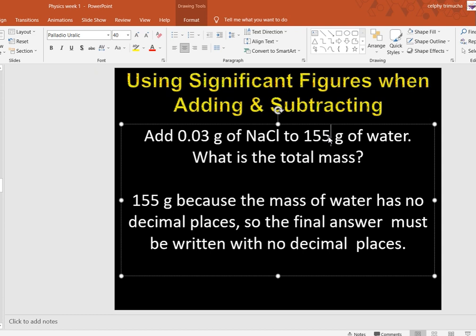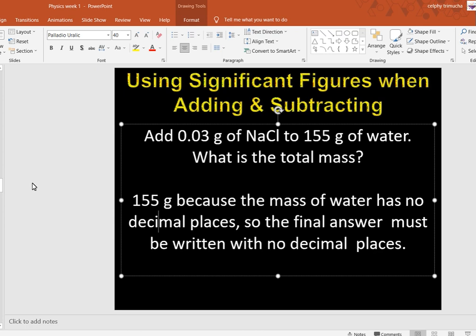So, 155 straight, which means it has no 0.0. So, that means our answer should be 155.03. But since what we are considering here is significant figures, there is no significant figure after the decimal digit in 155. So that means our answer will be 155.